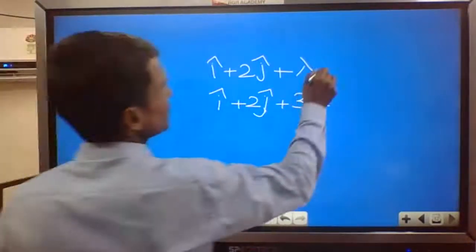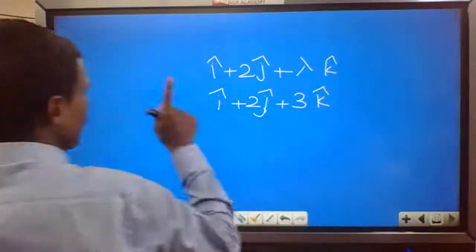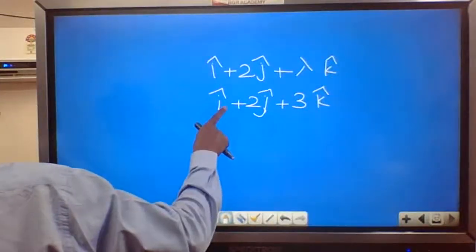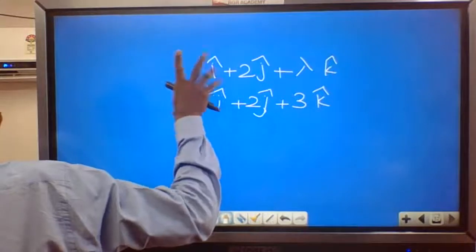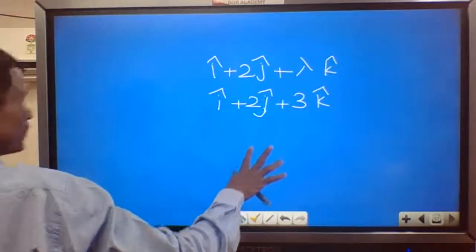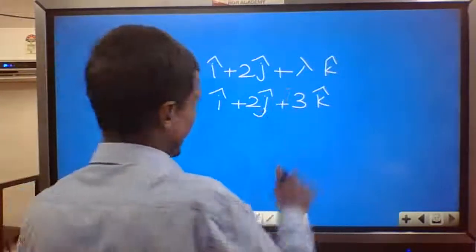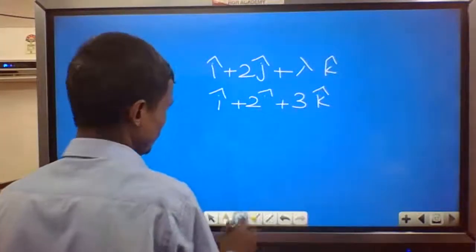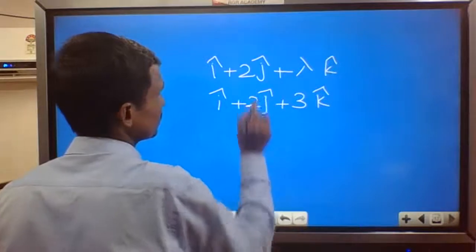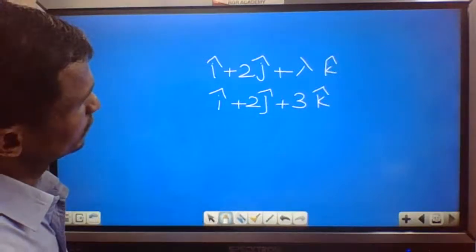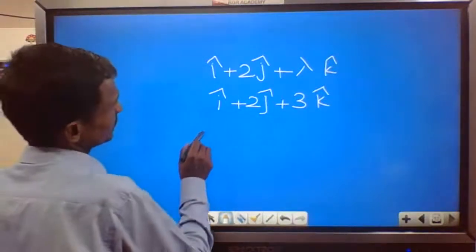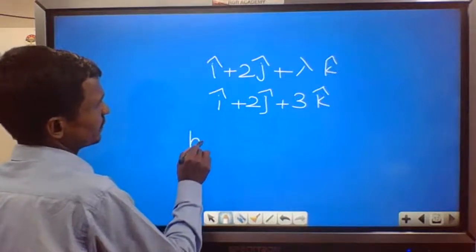To understand: from the line i cap plus 2j cap plus lambda k cap, and from the plane i cap plus 2j cap plus 3k cap. The first one is b dot n.